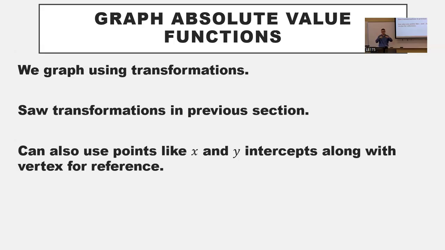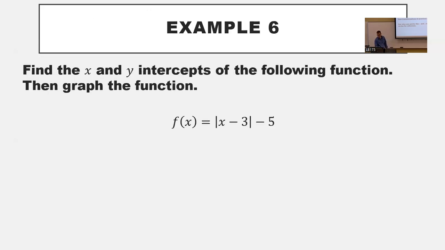That's where the change in direction is, the point of the V. But x and y intercepts are important as well. So let's take this function, f of x equals absolute value of x minus 3, minus 5. And we'll find the x and y intercepts, and then we'll graph the function.